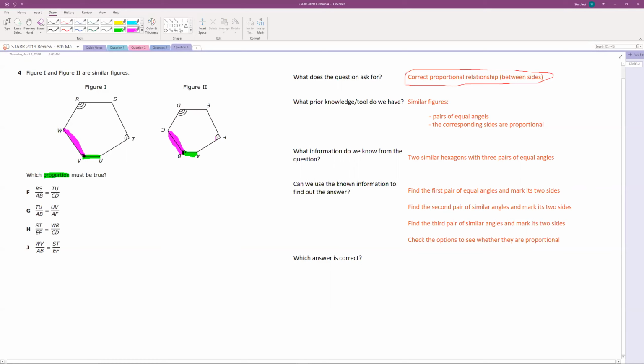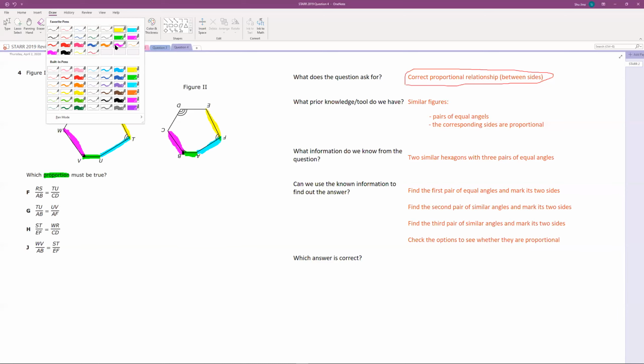Now for the second angle, this side VT corresponds to this side AF, and this side ST will correspond to this side of EF.